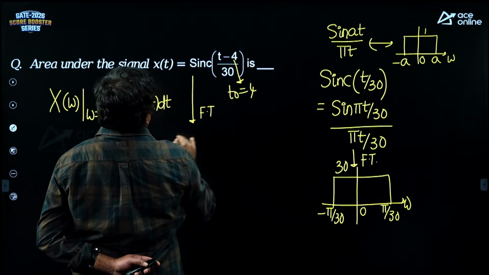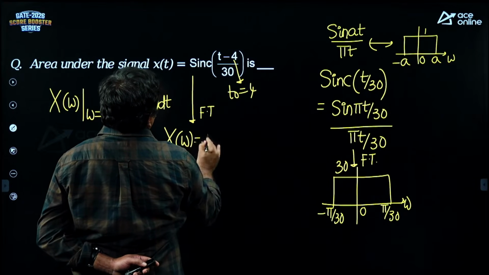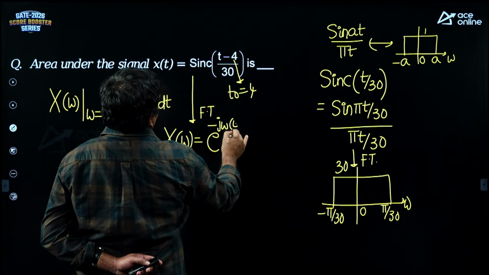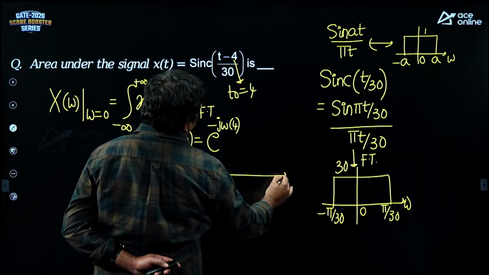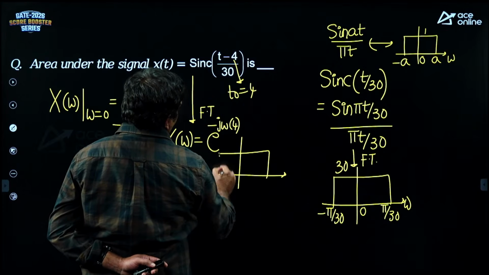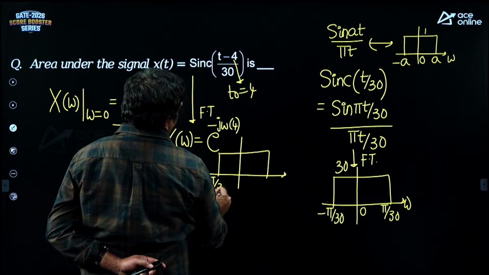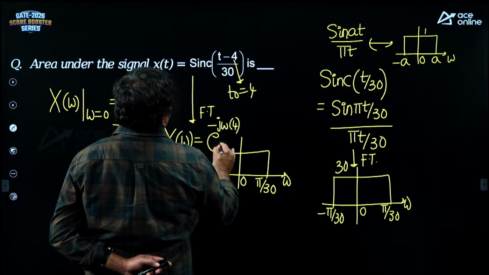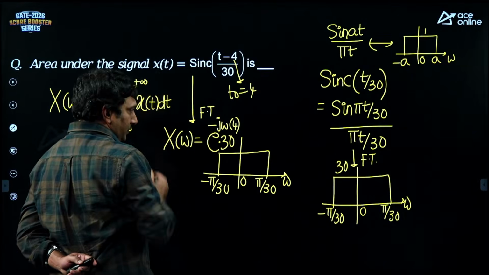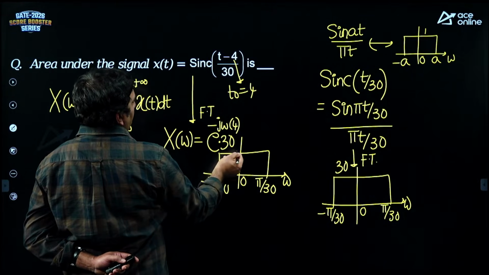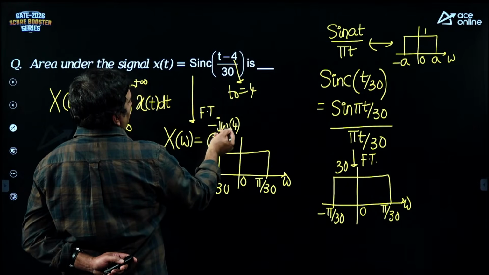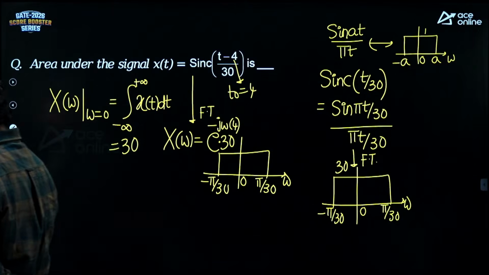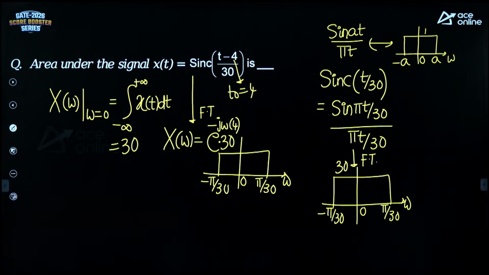So, what is the Fourier transform X of omega? It is e power minus j omega into t naught times this original spectrum, 30 into this exponent. Anyway, we want to check the value at origin, omega equals 0, e power j0 is 1, so the answer is 30.